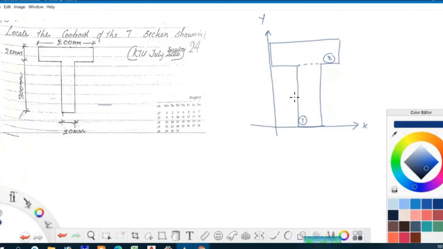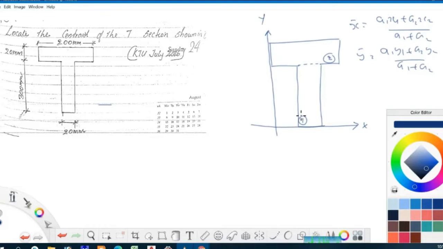Then you find out the centroid of each rectangle, its own centroid, and find out the distance from that centroid to the reference axis, respectively for 1 and 2. Then use the equation: x bar is equal to a1 x1 plus a2 x2 divided by a1 plus a2, and y bar is equal to a1 y1 plus a2 y2 divided by a1 plus a2.